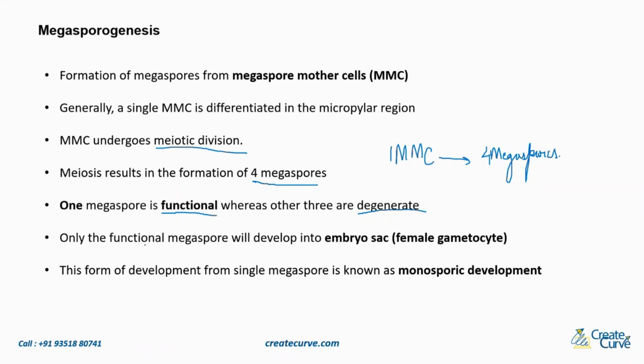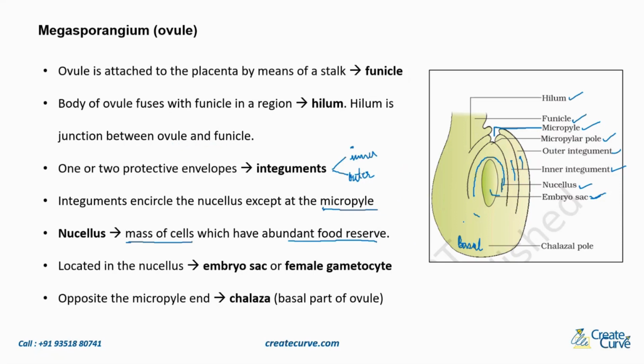Only the functional megaspore will develop into the embryo sac or the female gametocyte. In this diagram, the innermost part is the embryo sac.